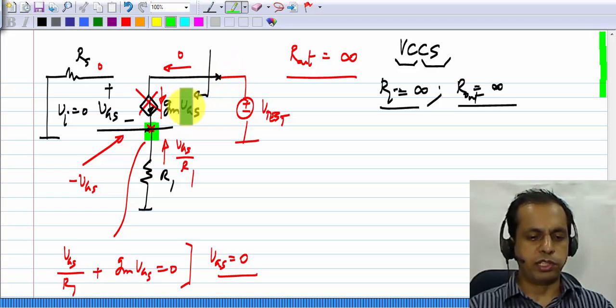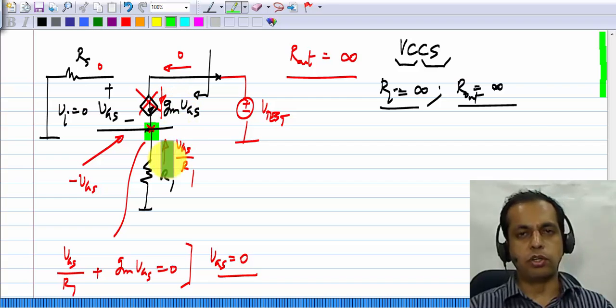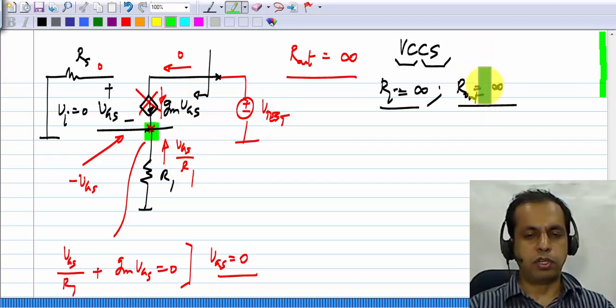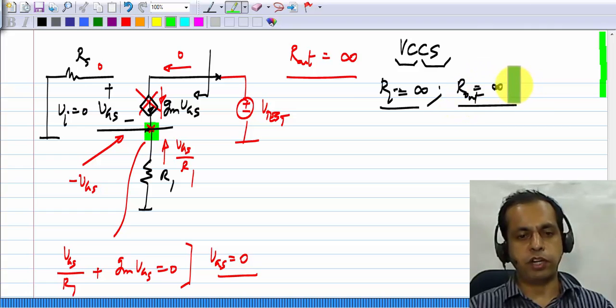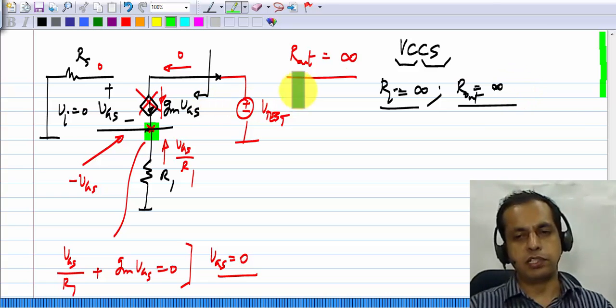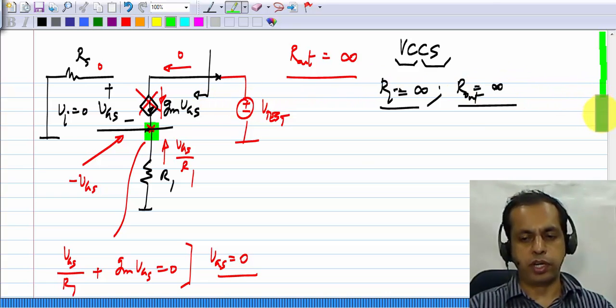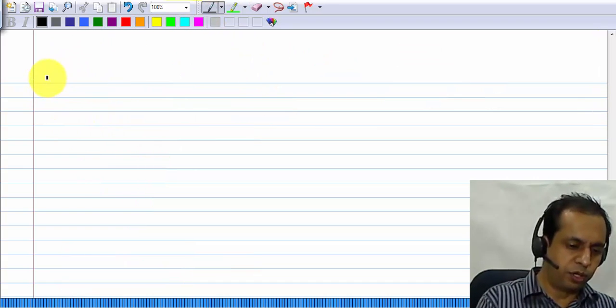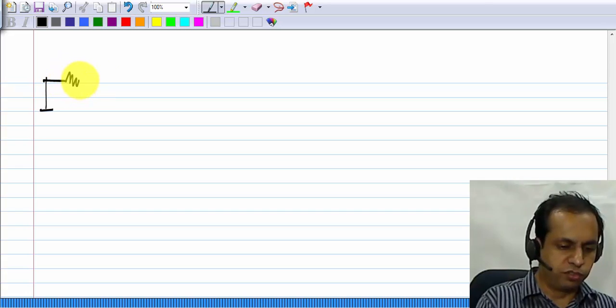Whereas in this case you will see that the output resistance is infinity if you assume that there is no output conductance, but if the transistor has some output conductance, the output resistance of the voltage controlled current source will not be infinity. So it will make a qualitative difference to the result. We can analyze and see how much the output resistance is. So in this case it is important to model the output resistance of the MOS transistor.